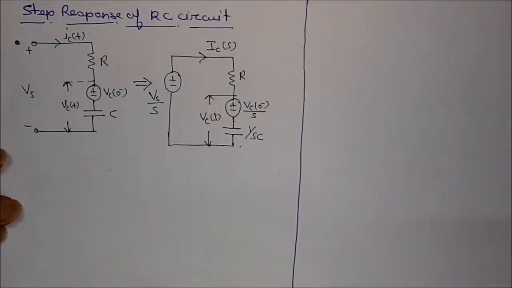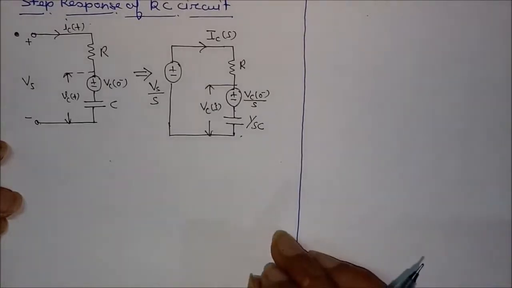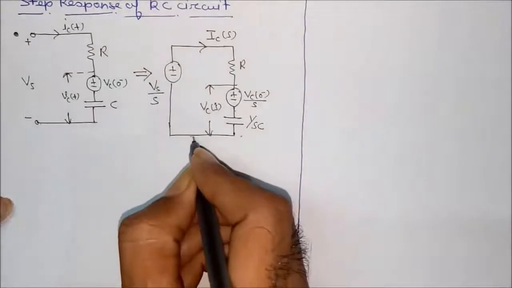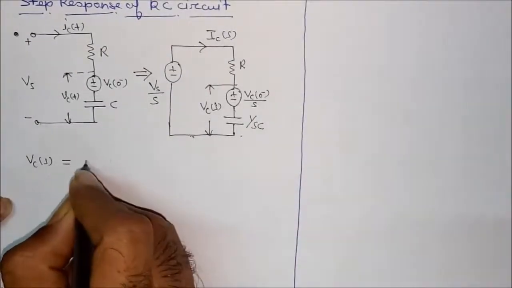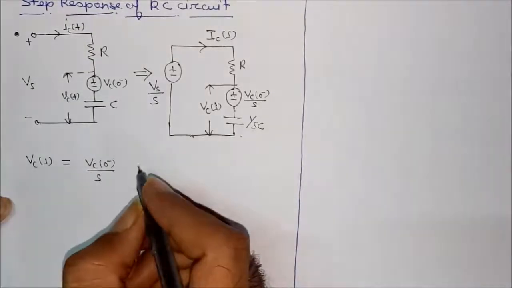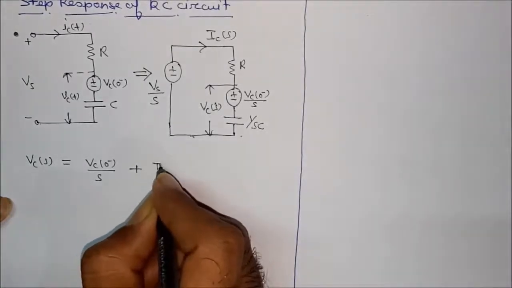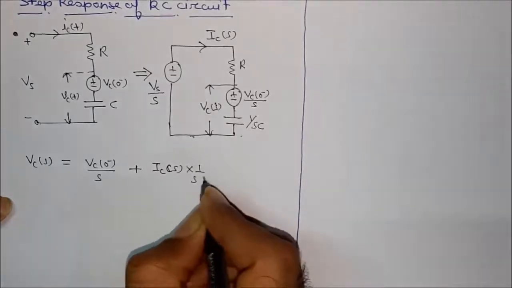Is it okay? Now we have to derive the expression for Vc(t). So can I write in this figure, Vc(s) is equal to Vc0 minus divided by S, plus Ic(s) into 1 by SC.